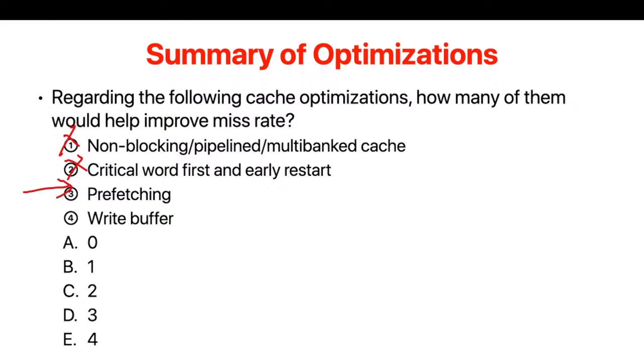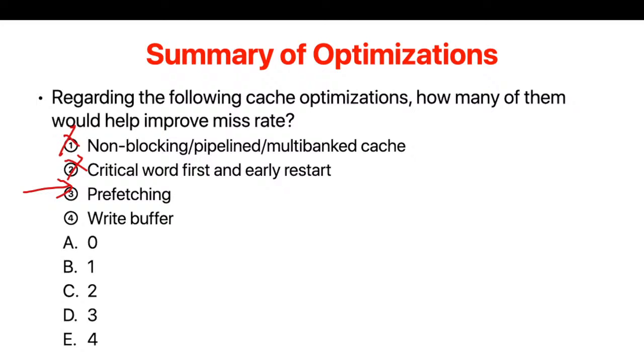So when we say improving miss rate, it means that the miss rate needs to be lower. Recently I learned that the e-learning system allows you to comment on things. However, when you make a comment, it doesn't alert me, so if you have any question you ask through the comment, I won't see it. But recently when I reviewed one of the quizzes, some of you said the description of the question is vague because it said improve cache miss rate.